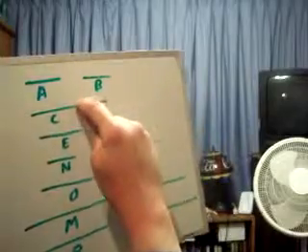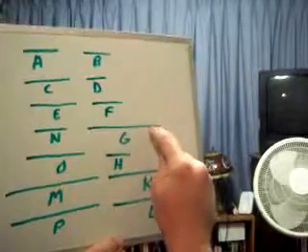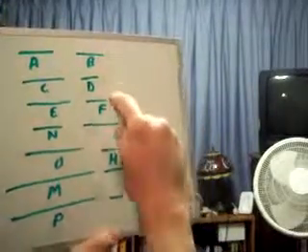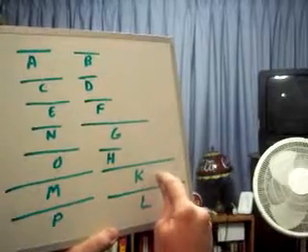And as many times as C measures G, so many times let D measure K. I've already illustrated that point.